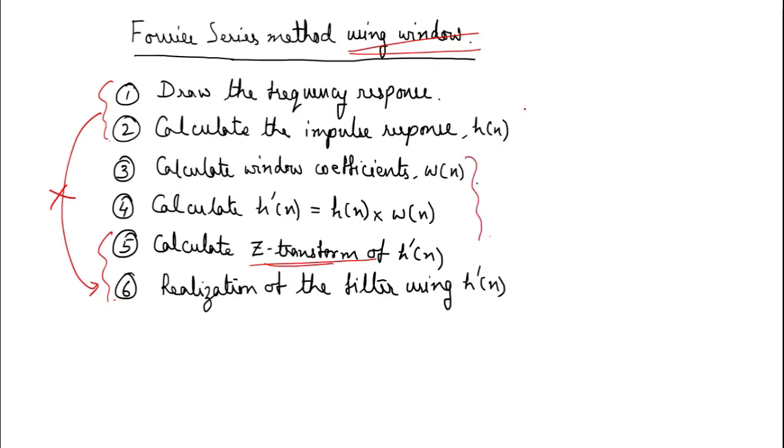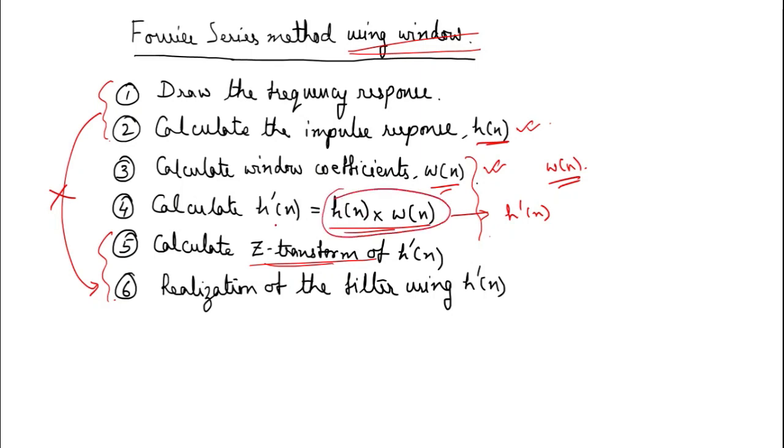After we have calculated the impulse response, we have to calculate the window function wn, and then we have to calculate h dash n, which is basically a multiplication of hn and wn.